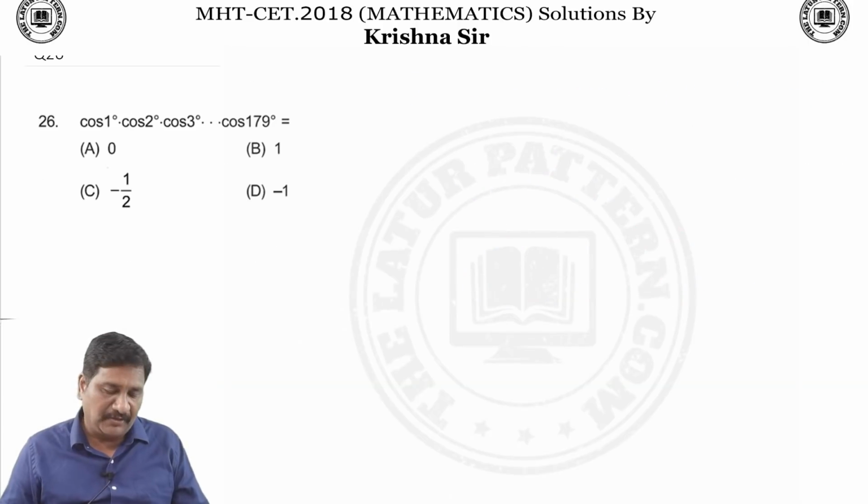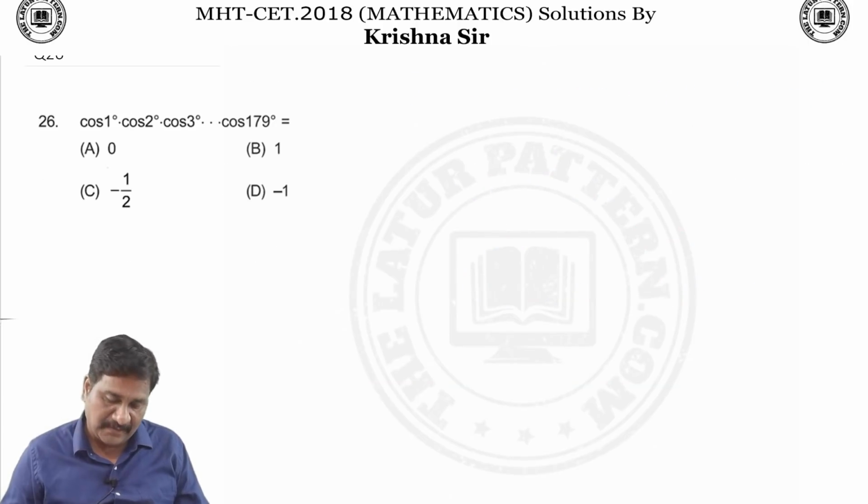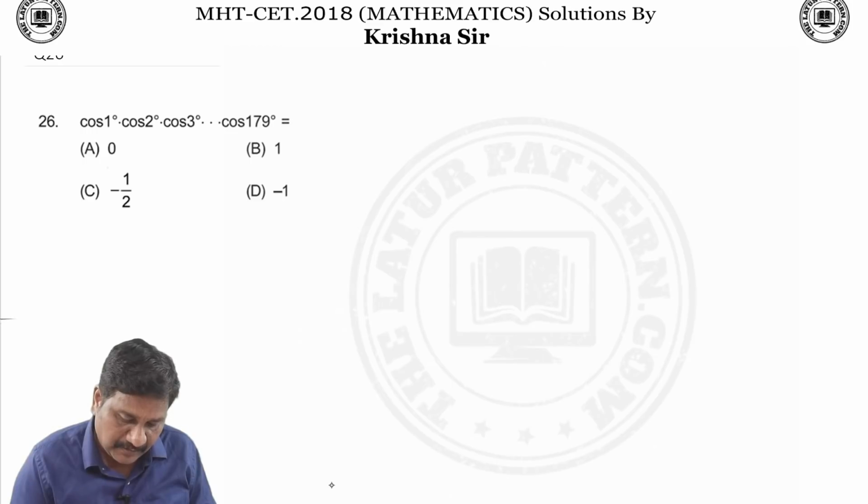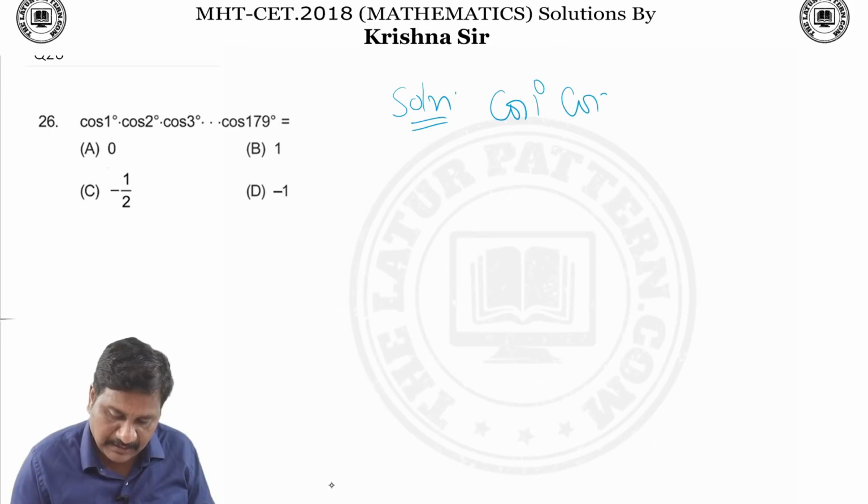The solution of question number 26. The given problem is cos 1, cos 2, cos 3 and so on, cos 179.